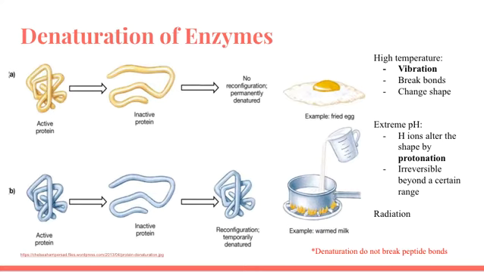So enzymes are proteins, so they're also susceptible to change in both temperature and extreme pH environments. High temperature will cause vibrations within the molecules and break intermolecular bonds that account for their secondary, tertiary, quaternary levels of structure. So the shape of the enzyme will be changed, thus it can no longer fit the substrate.